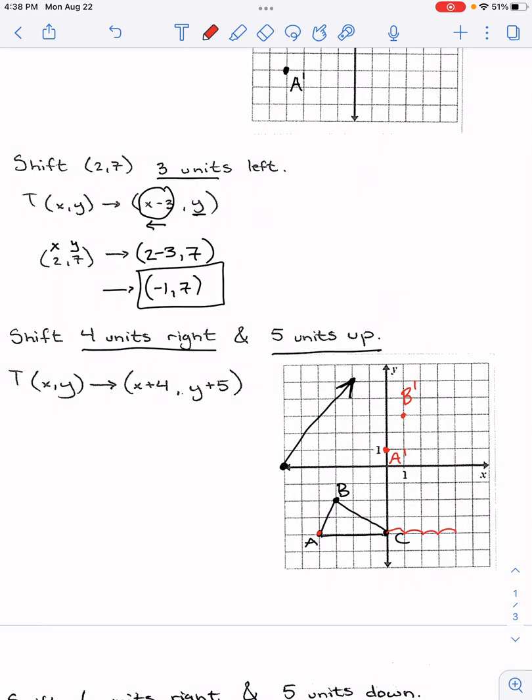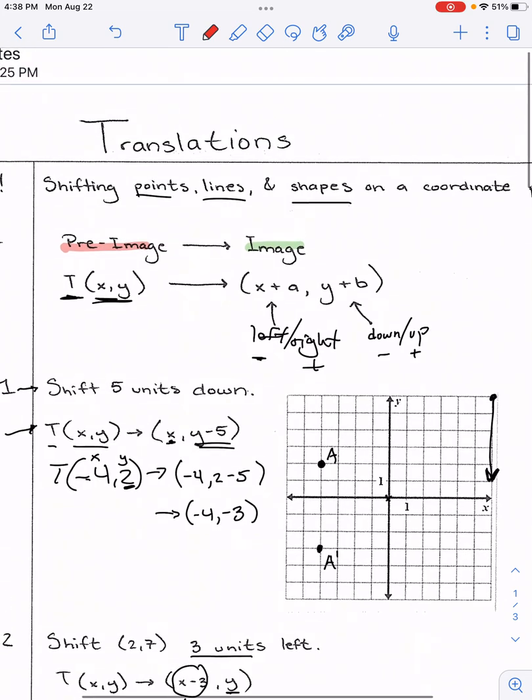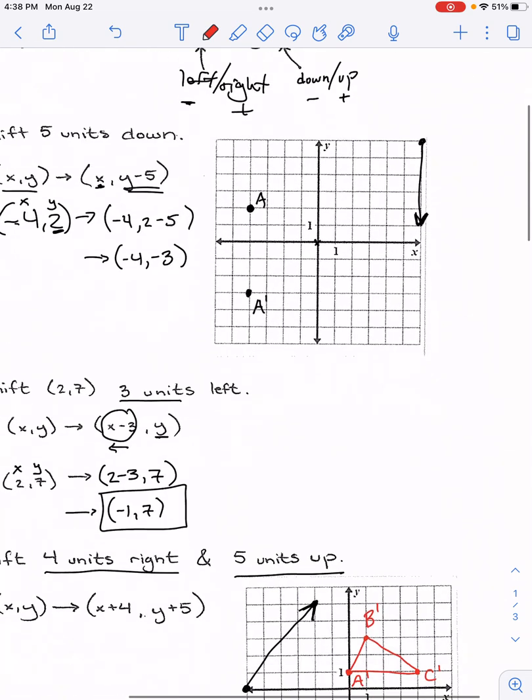All right. That is right here, C prime. So we don't have to really perform any algebraic computation with integers. We just count. So this is the sliding or the shifting of, in this case, a geometric figure.